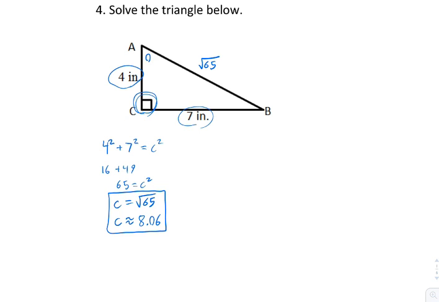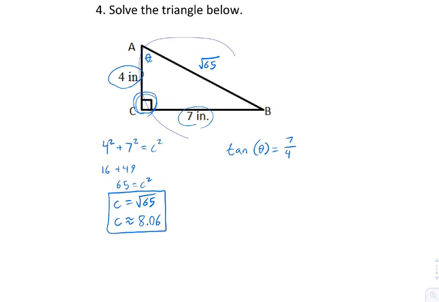So if I call this theta or A or X or whatever you want to do, well, I know with regard to that angle, the tangent of that angle is equal to the opposite side 7 over the adjacent side 4. Or I could have used the square root of 65. I could have said the sine of that angle would be equal to the opposite 7 over the hypotenuse square root of 65.